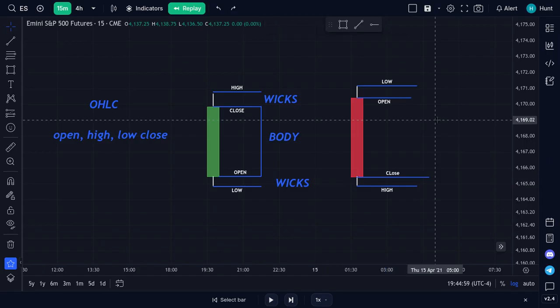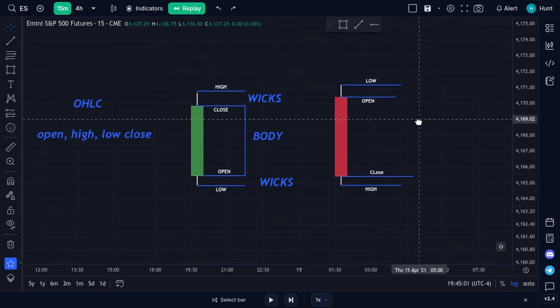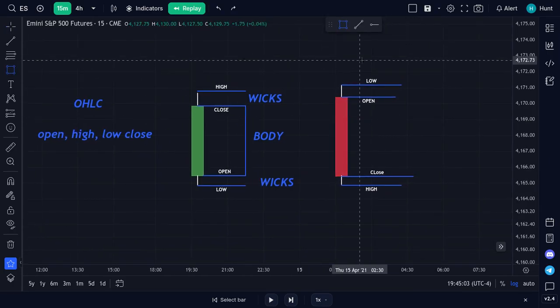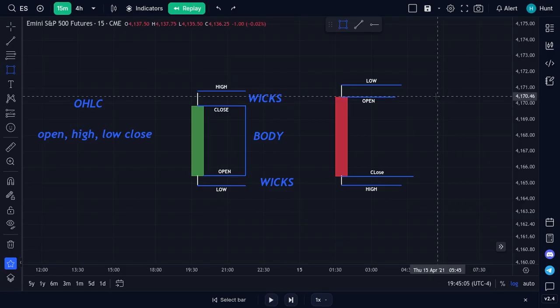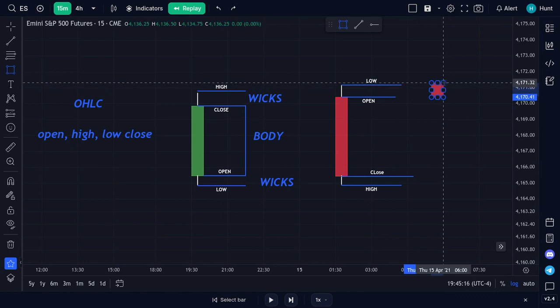So kind of think of it like this, right? This is kind of like how it works. So let's say a 15-minute candlestick just opened. So price would open. Let's say price is opening here, okay?